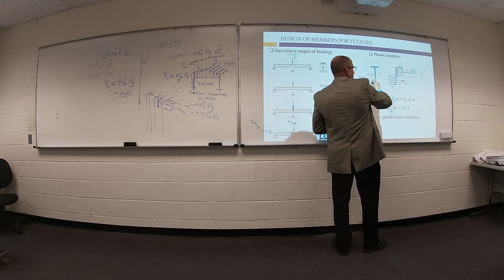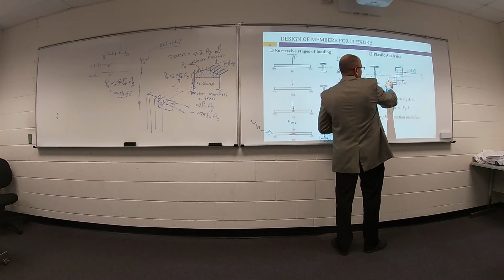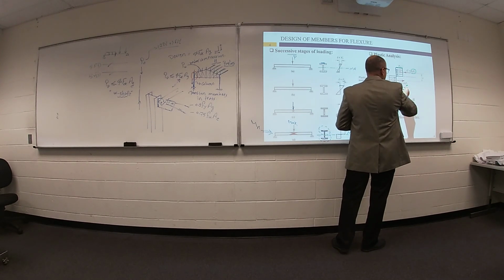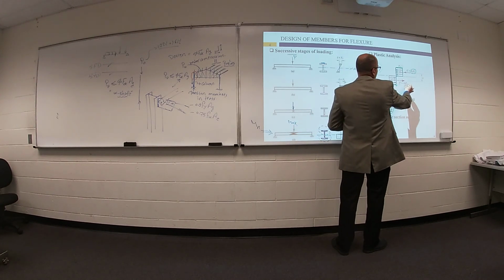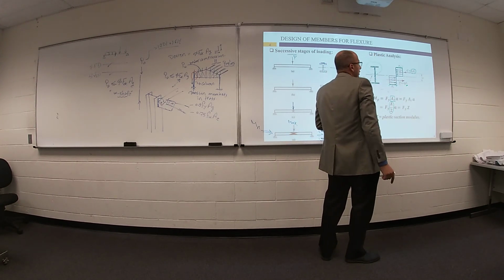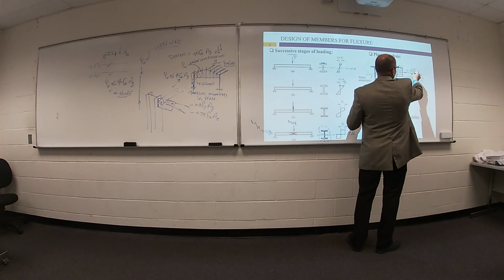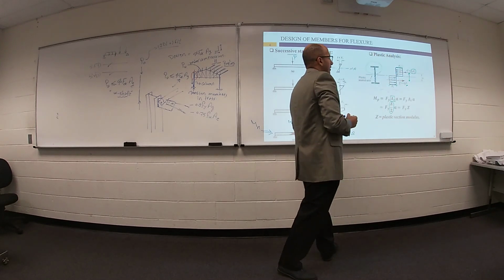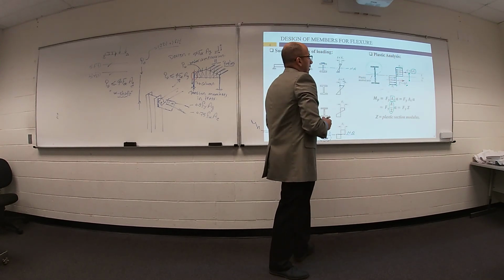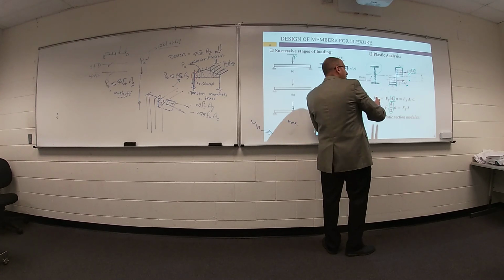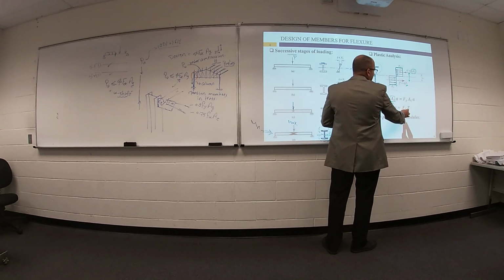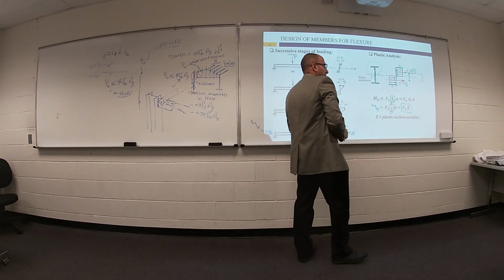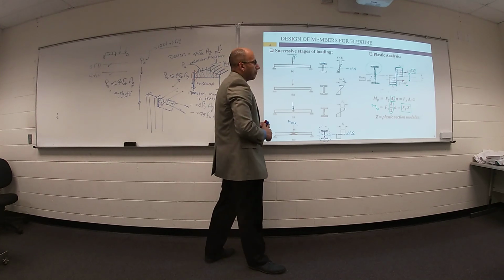And your tension force T, equivalent to this stress block, equals F yield, this value of stress, times this area, which is area under tension. If you would like to get the distance between this force and this force, you can get it. If you do some calculation, you get your M equals F yield times Z, which is called M plastic.